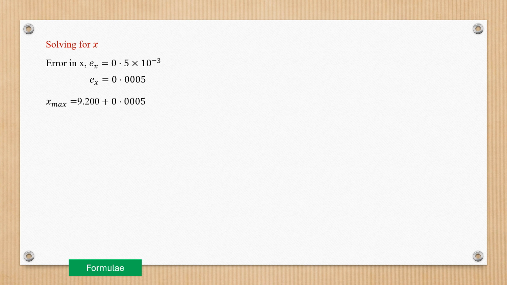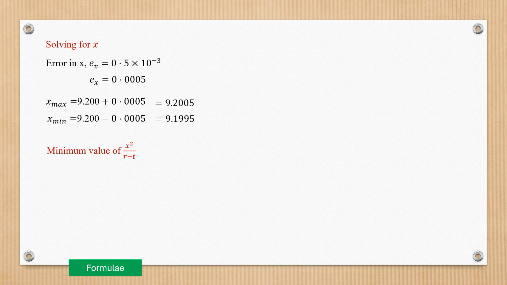Now let's deal with x. The error in x shall be 0.0005 because we have 3 decimal places, so we have 3 zeros right there. So x max is 9.2005 and x min shall be 9.1995.